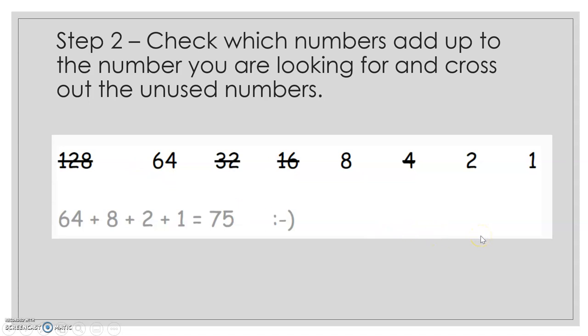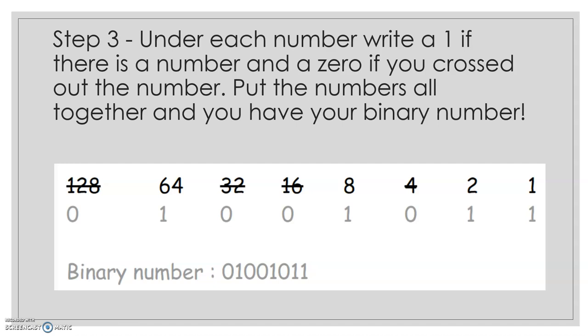As easy as that. Then moving on to step number 3, which is the final step, you now need to look at the numbers that you have not crossed out. Underneath the ones you have not crossed out, you put a 1, and underneath the numbers that you've crossed out, you put a 0.